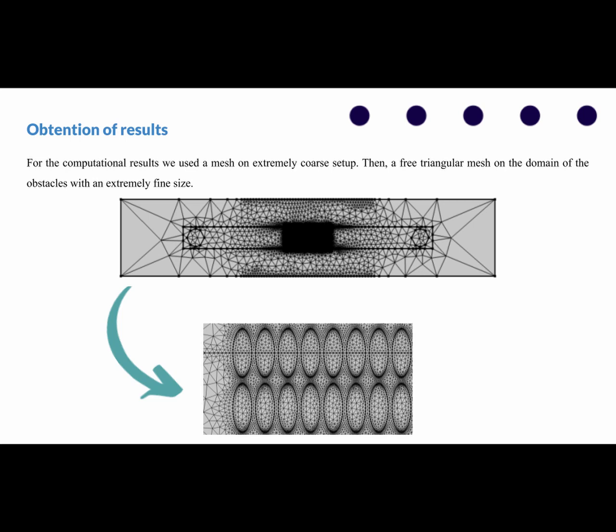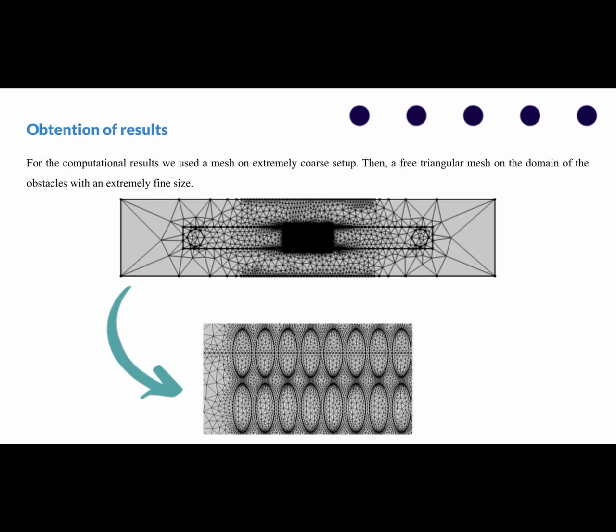In this case, we have an auto meshing because the program used only triangles in the geometry. This is maybe a little problem because the results can be affected, but only very slightly.